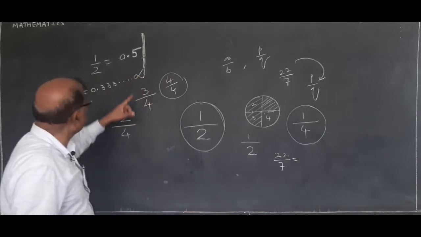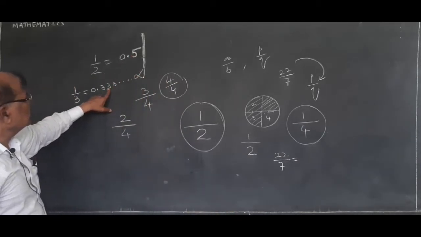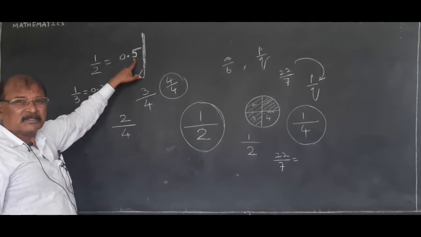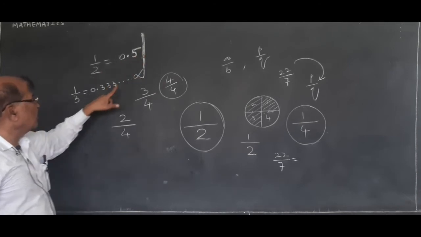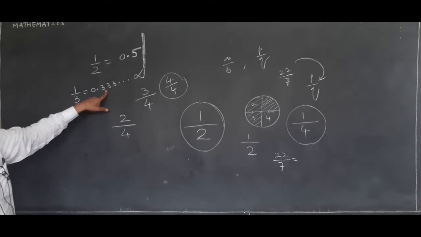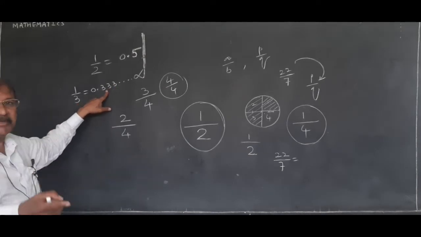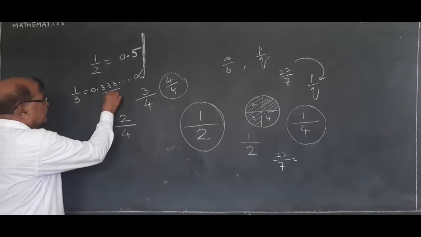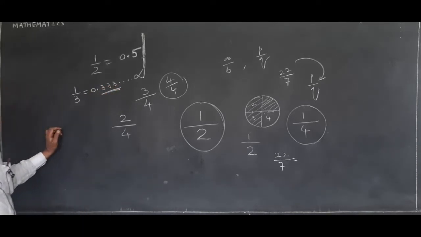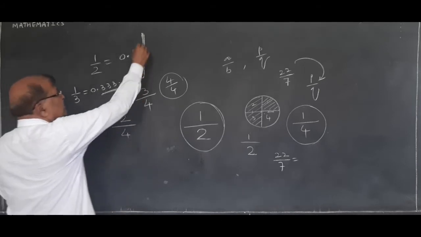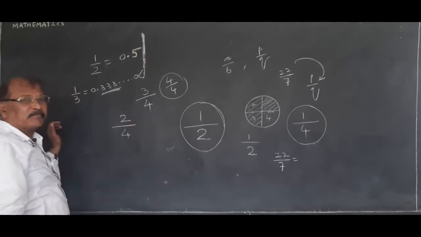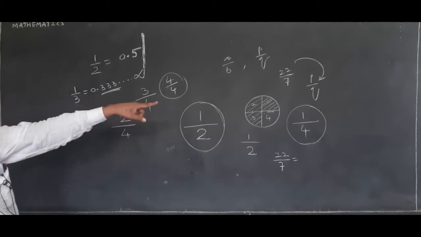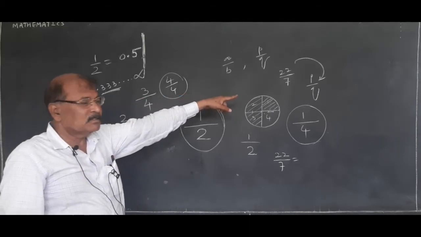You don't get either a terminating decimal or a non-terminating recurring decimal. You will be getting a different decimal. In that, you don't find recurring and you don't find terminating. It's a different one. It comes under irrational numbers.